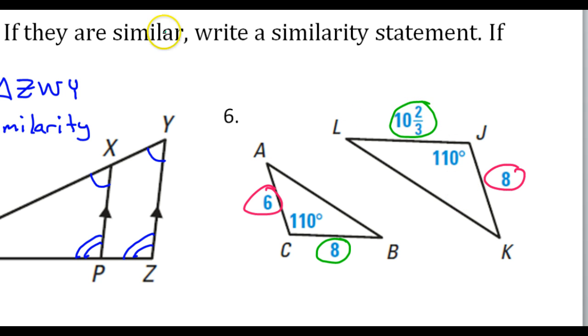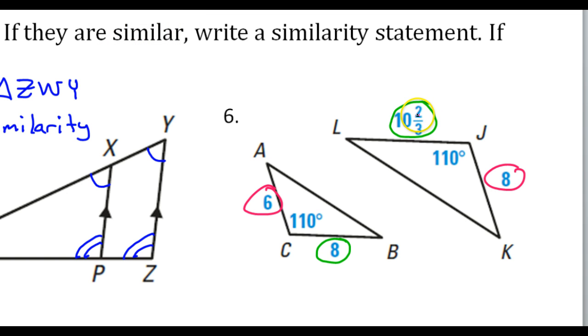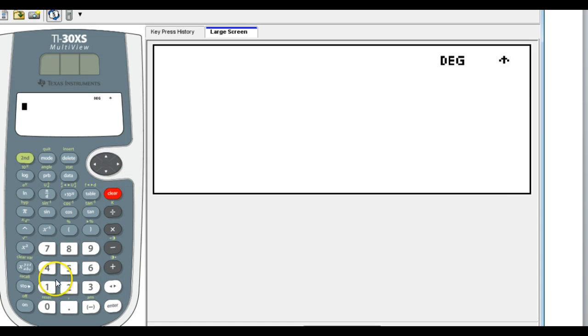Mixed number weirdness. Let's convert this to an improper fraction or a decimal or something. Okay, this is 10 and 2/3. This is the same thing as 10 plus 2/3.